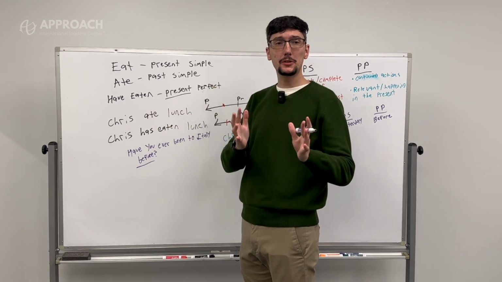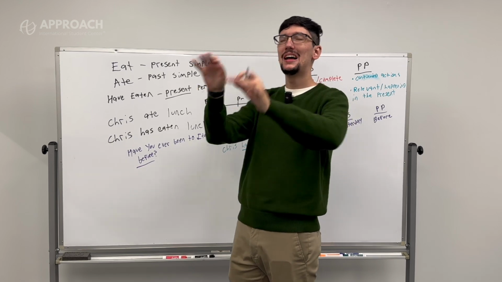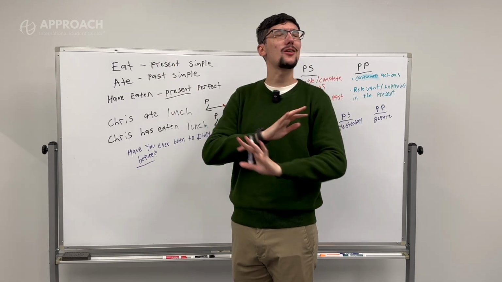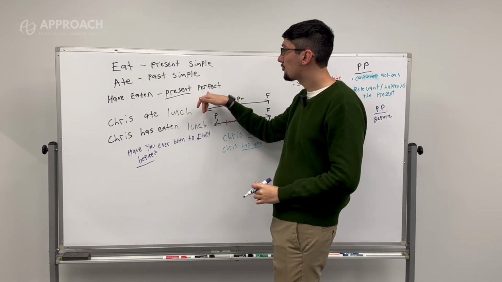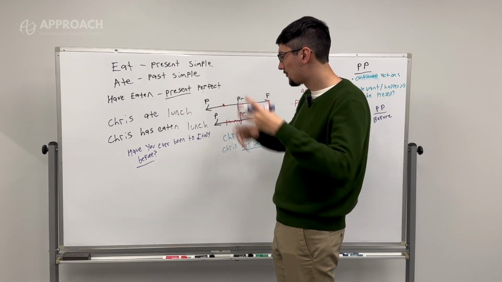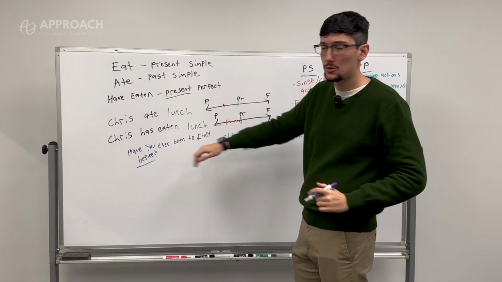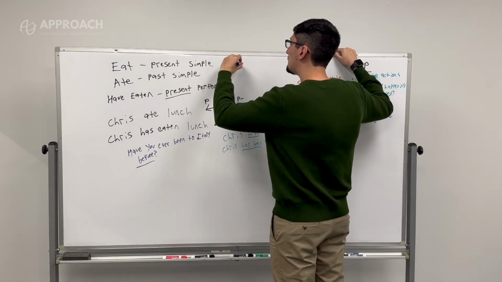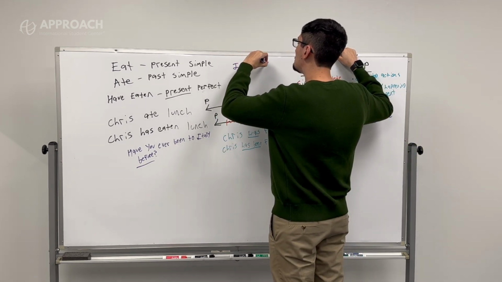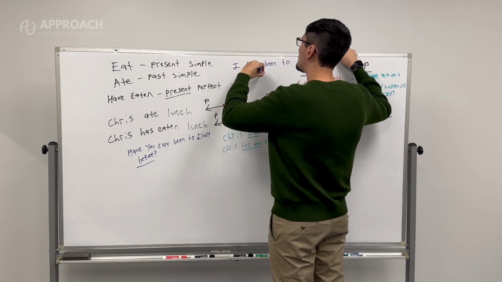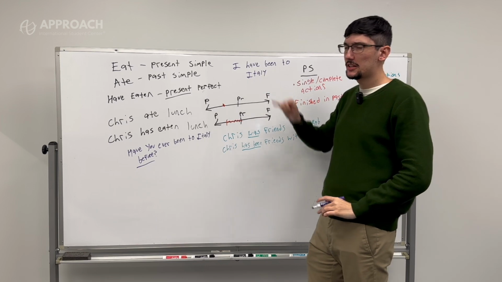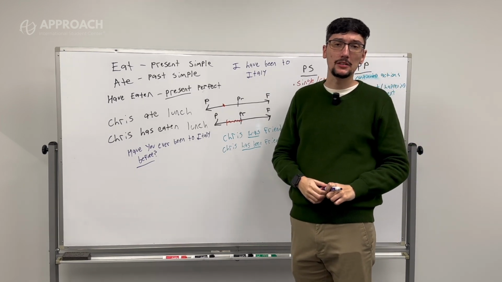But English speakers, we are lazy. We are lazy. And so, when we talk in the present perfect, we do not, for example, say, to answer this question, I have been to Italy.